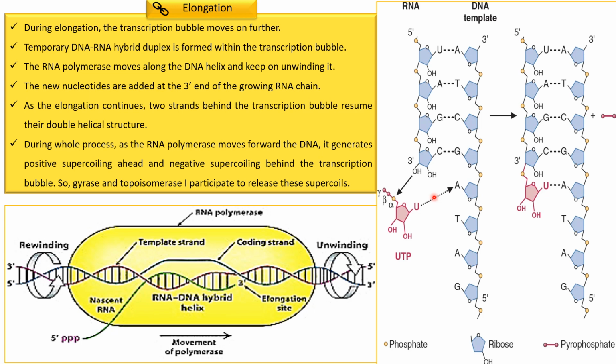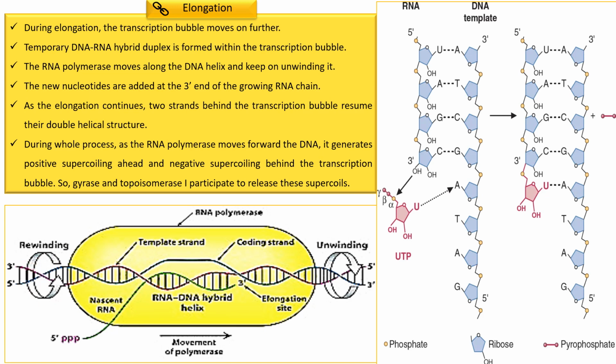As the elongation continues, 2 strands behind the transcription bubble resume their double helical structure. So, during this whole process of elongation, RNA polymerase unwinds and rewinds the DNA helix. As the RNA polymerase moves forward along the DNA helix, it generates positive supercoiling ahead and negative supercoiling behind.